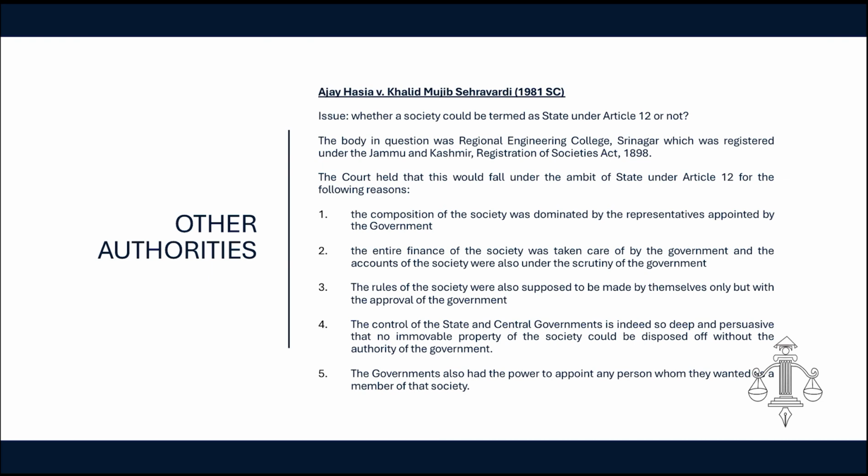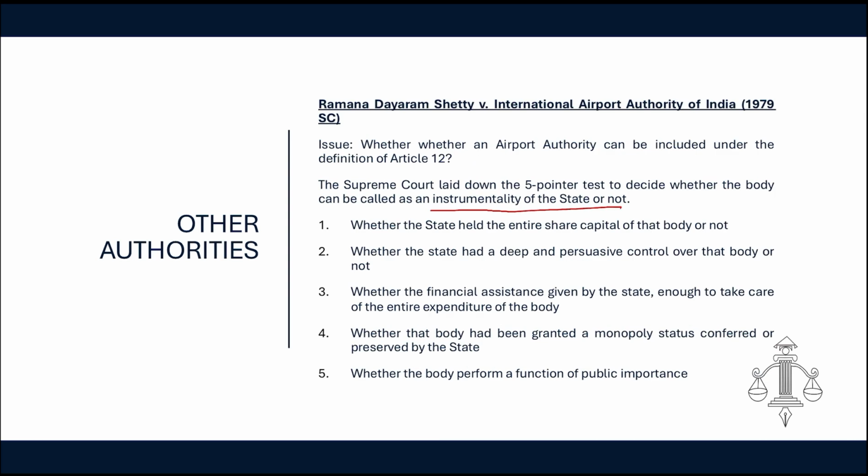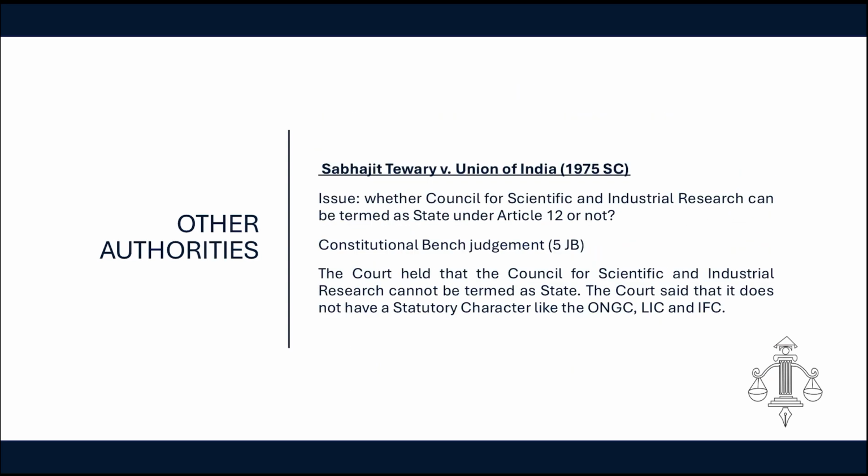क्लियर? तो अजय हासिया वर्सेस खालिद मुजीब का जो केस है, इसमें भी इन्होंने वही प्रिंसिपल्स इस्तेमाल किए हैं जो आर.डी. शेट्टी वर्सेस इंटरनेशनल एयरपोर्ट अथॉरिटी में यूज़ किया गया था, राइट? लेट अस नाउ मूव ऑन टू सबजीत तिवारी वर्सेस यूनियन ऑफ इंडिया. Here the institution in question was a council, and this is a constitutional bench judgment, that is 5 judges.